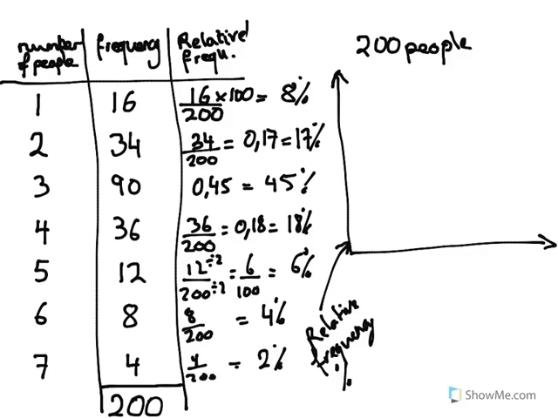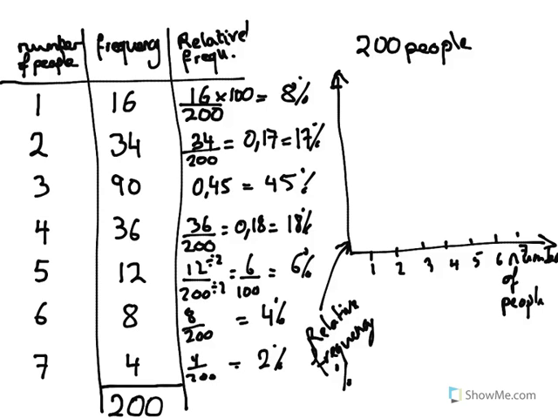And on the bottom axis, we have number of people in the family. So we had 1 person in the family, 2 people, 3 people, 4 people, 5 people, 6 people, and 7 people. And then instead of having 0 to 200 here, we actually have a nice scale here.